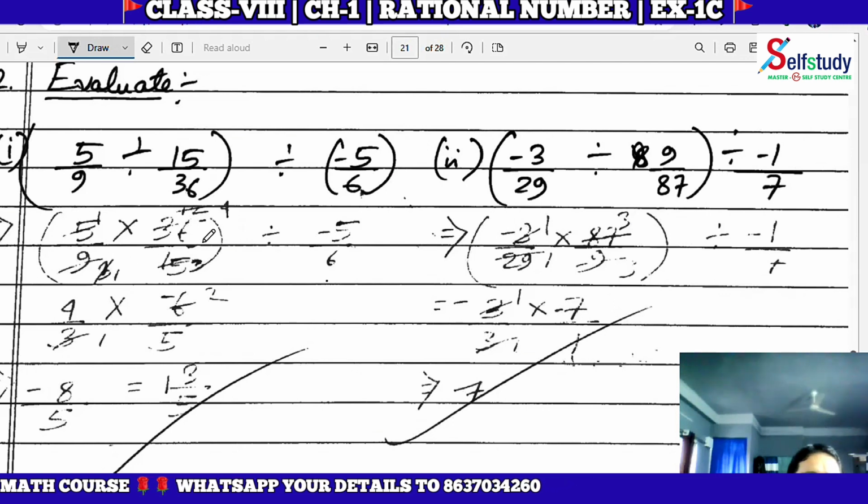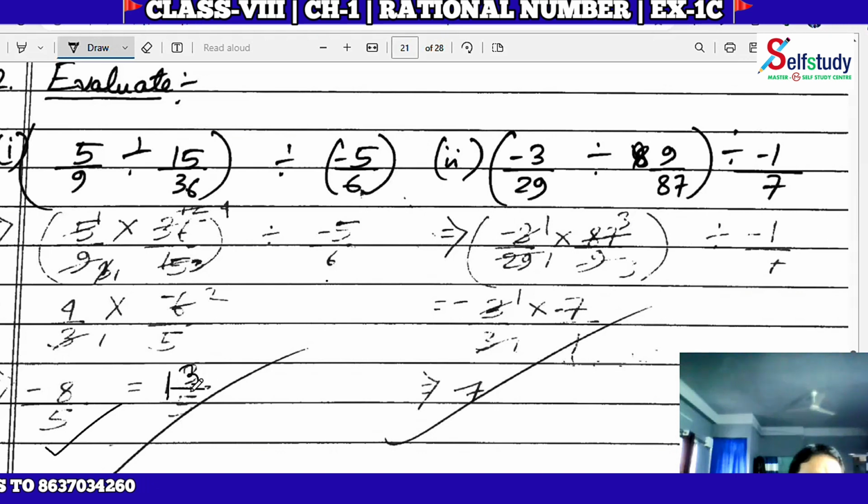So 4 by 3, if you simplify this, and then division is there, minus 5 upon 6. If you convert this division into multiplication, 6 will go up. So minus 6 by 5, 3 2s are 6, so its answer is coming minus 8 upon 5, or 1 whole 3 upon 5, which is the answer of this question.